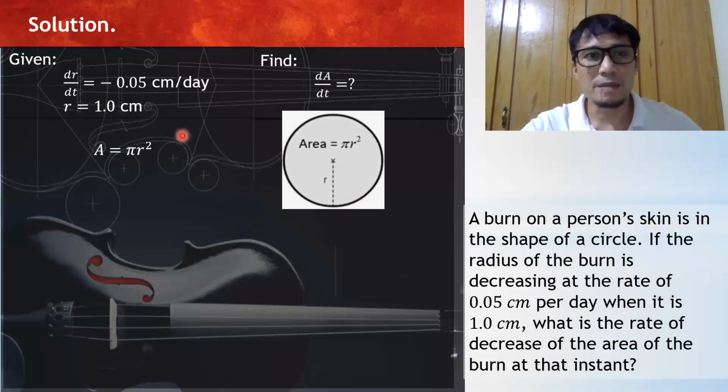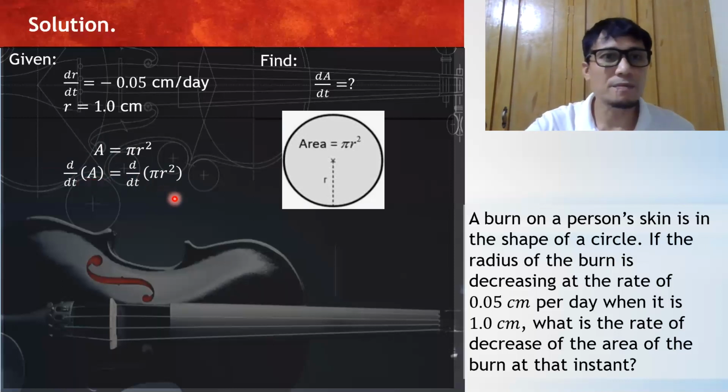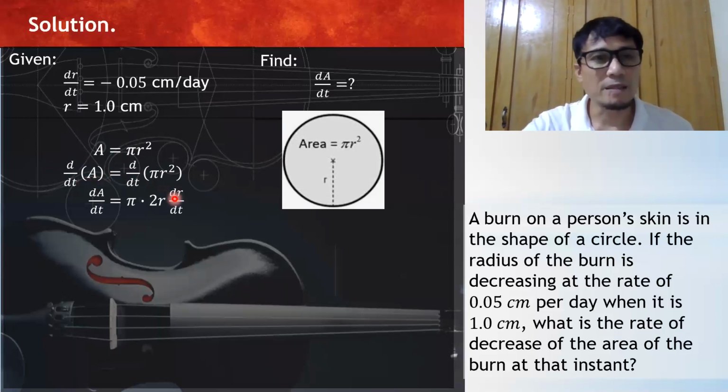Finding dA dt means we have to compute the derivative of both sides with respect to time using the chain rule. The derivative of A equals the derivative of pi r squared with respect to time. The derivative of A with respect to time would be dA dt.